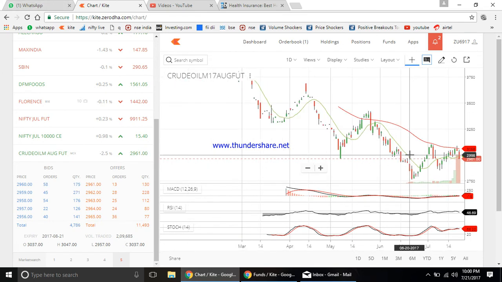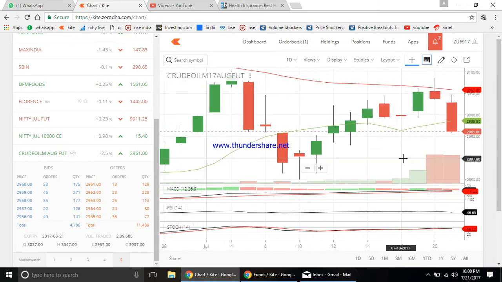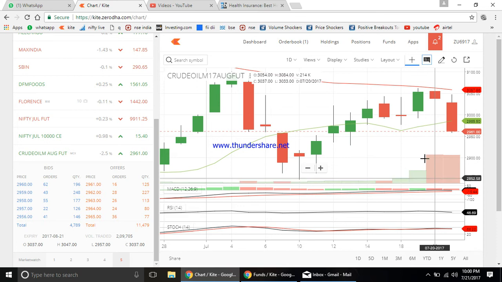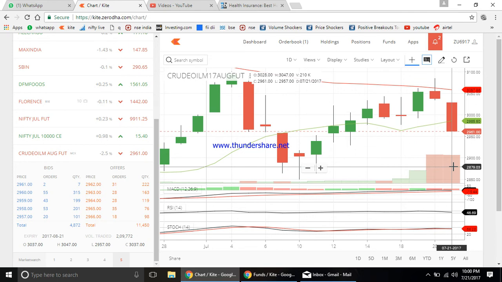And yes, I do believe crude oil should fall, because can you see this volume yesterday? Just notice in this region, yesterday's volume is 214, that is 2,14,000 in the full day, and today 1.5 hours is left and already 2,10,000, so only a 4,000 difference remains in the quantity, and that is why the volumes are quite huge.